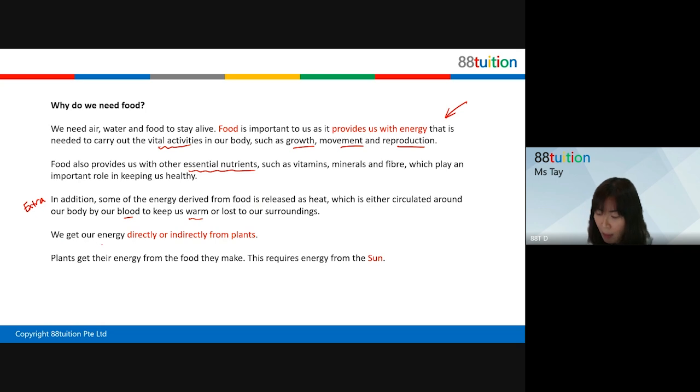Now we get our energy directly or indirectly from plants. So we already said plants get their energy from the food that they make. They get this light energy from the sun in order to photosynthesize. And under photosynthesis, plants make food. So that food that they have made is used as a form of energy for them to carry out their daily processes.